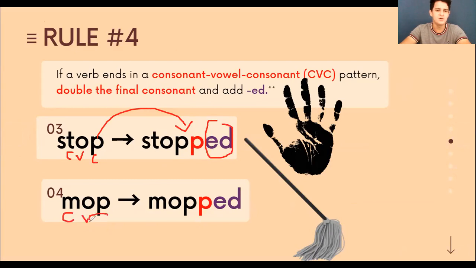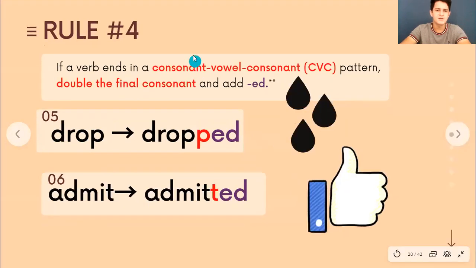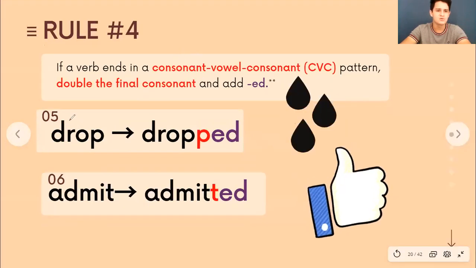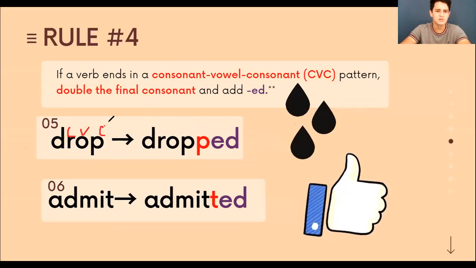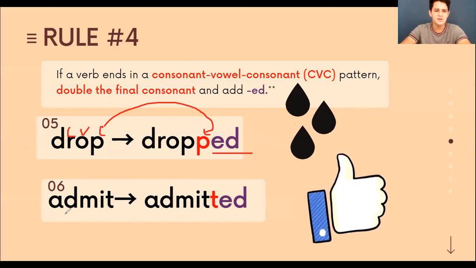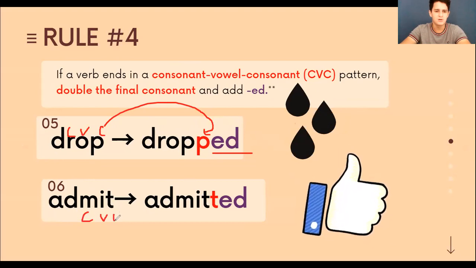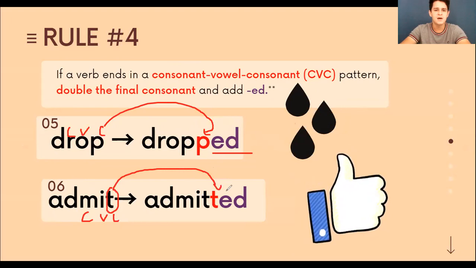Next, for example, drop, consonant, vowel, consonant. Double the P plus ED. For example, admit, consonant, vowel, and consonant. I take the T and I double it plus ED, okay? Easy.